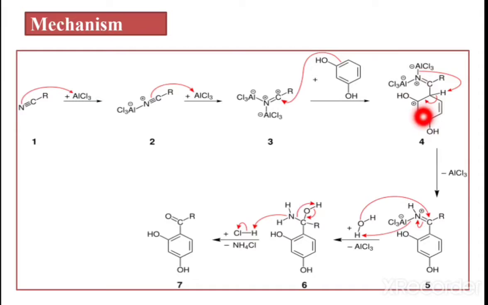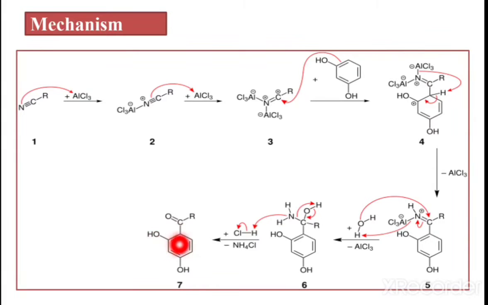Now the next step: minus H plus, or aromatization, and simultaneously there is removal of this AlCl3. In the next step, attack of a water molecule on this carbon, and the charge is delocalized here. Again there is addition of a water molecule and simultaneous removal of AlCl3. In the next step, removal of ammonium chloride, that is NH4Cl, and the acyl group is introduced on the phenol.